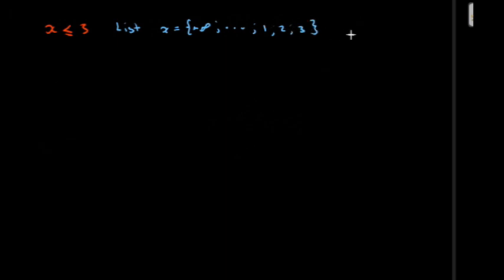The other way you could have it listed is to start with 3 and then you get 2, you get 1, you get 0, you get minus 1, then you keep on going until you get to negative infinity, which means until your numbers become smaller and smaller. That's what we will call negative infinity, right?